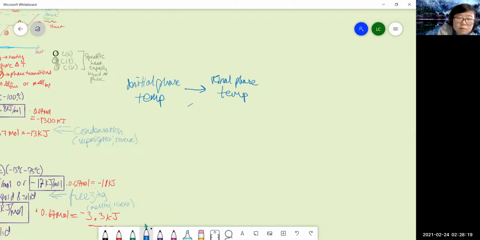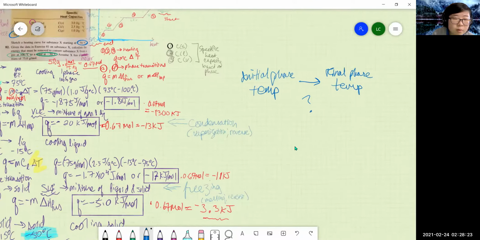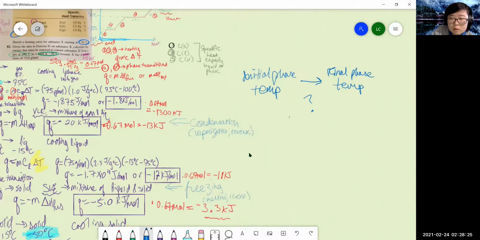So you just need to ask yourself what processes happen, and then you'll probably have a combination of cooling or heating. So these require temperature changes. And you might have some phase transitions.